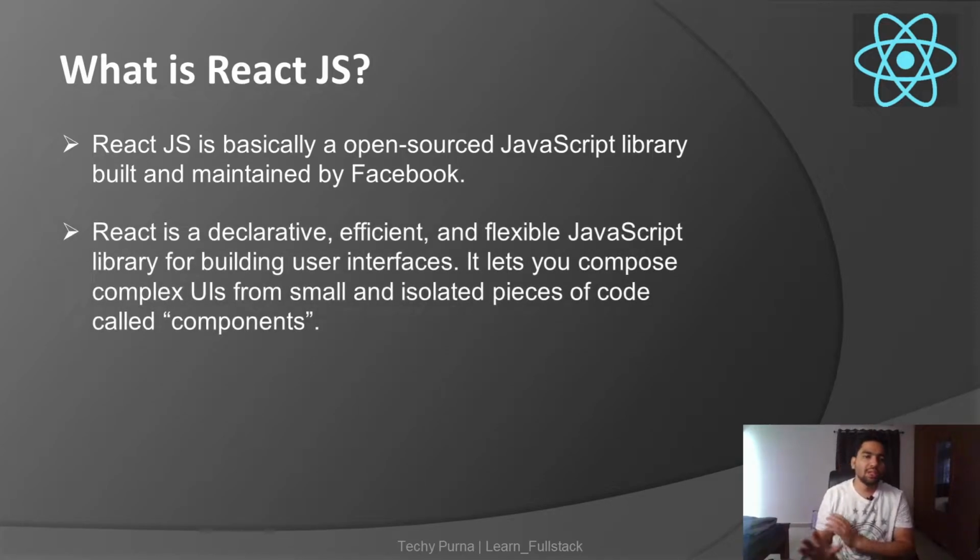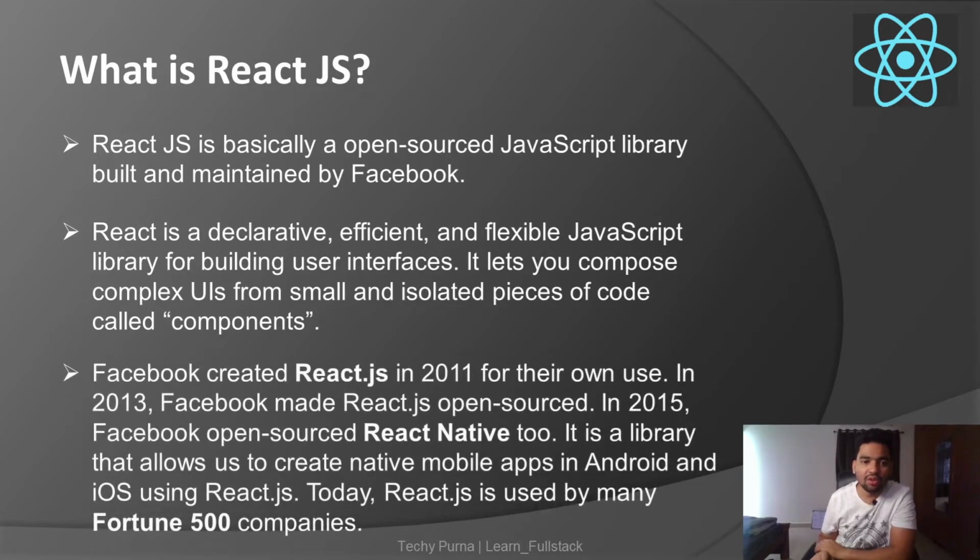React is a declarative, efficient and flexible JavaScript library for building user interfaces. It lets you compose complex UIs from small and isolated pieces of code called components. So React is all about components, guys. We'll learn more about it in the next session of this training.